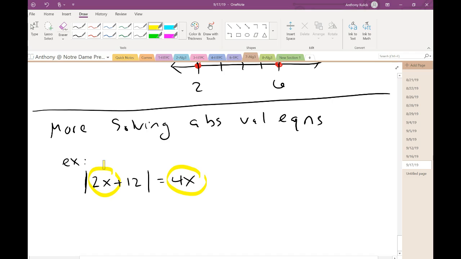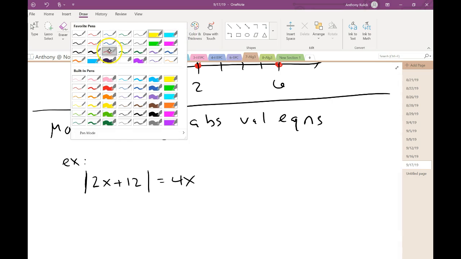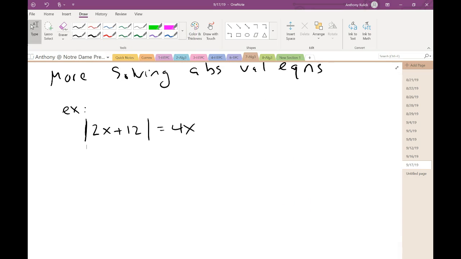Everybody can see that? A little bit different than anything you saw in last night's homework, Christina? Of course. We will solve it the same way. So nothing new really happens here. Notice that my absolute value is already isolated, so I can immediately go into splitting this.